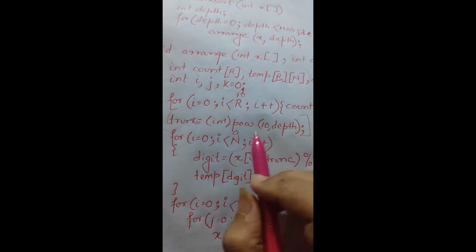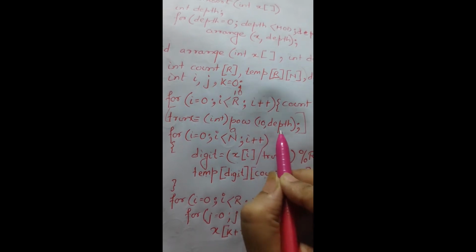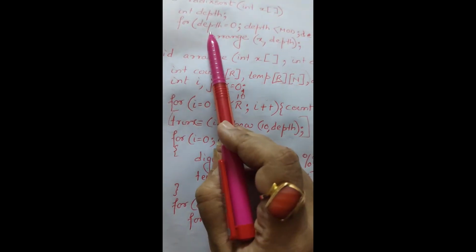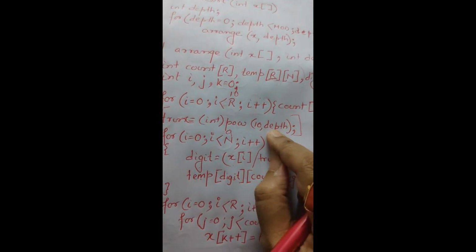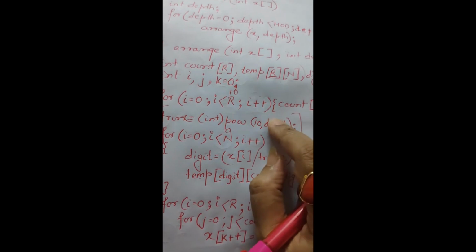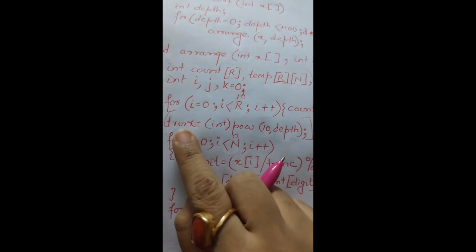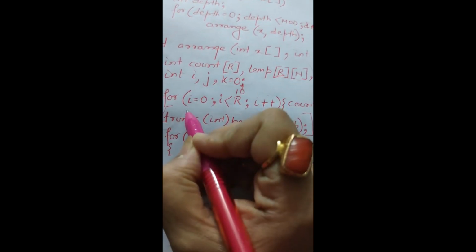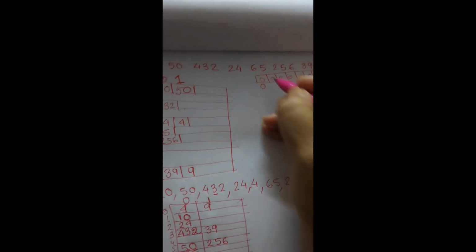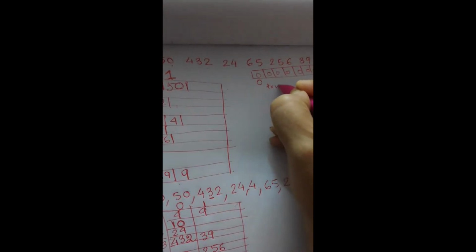For example, pow 10 comma depth. At this moment my depth is 0. This is my first iteration. I'm working on the units place number. So my depth is 0, so 10 to the power 0 will give me 1. So the trunc value at the very first pass is 1.